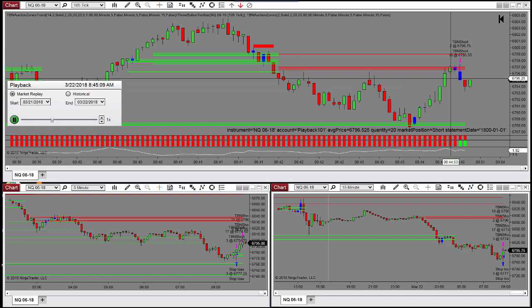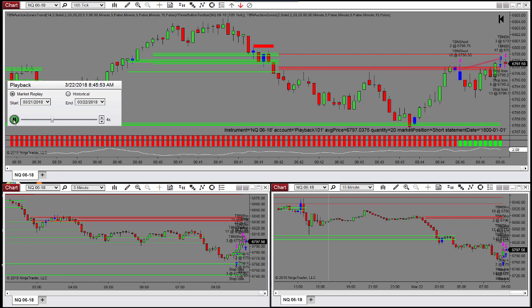So if we look at the prior bar ATR, stop should be about 2 points here. Okay, so there we go.